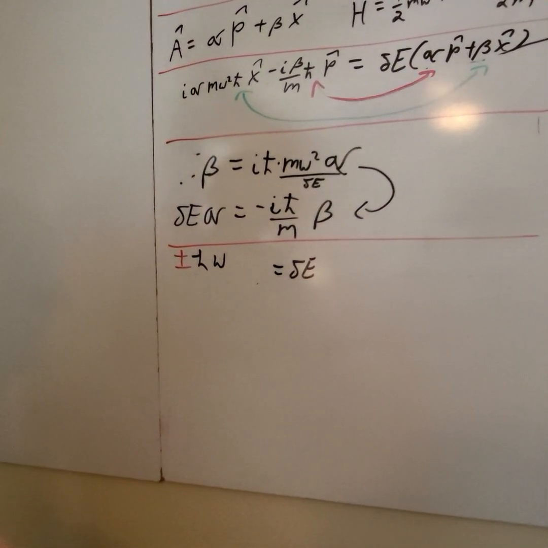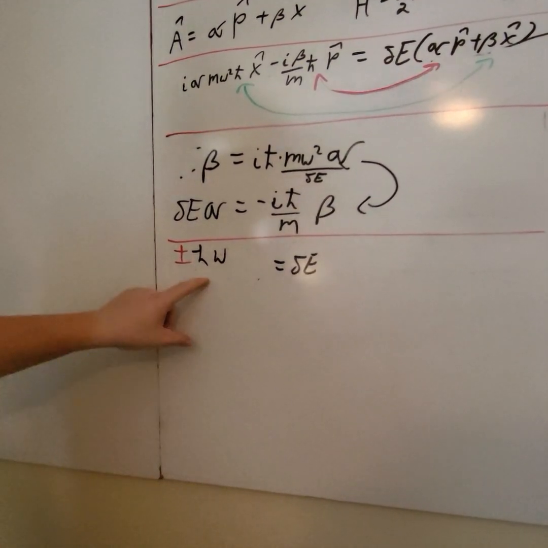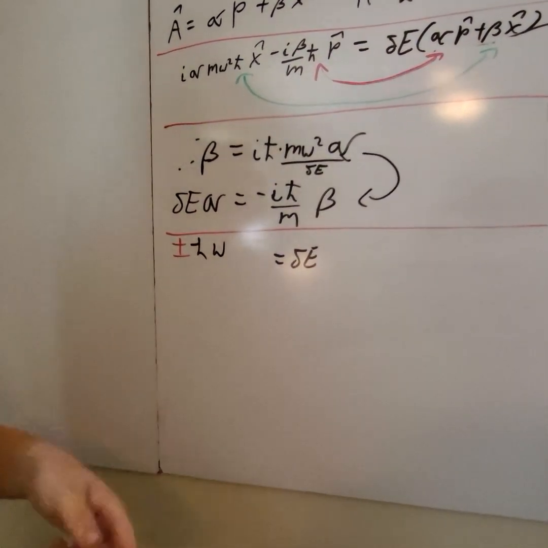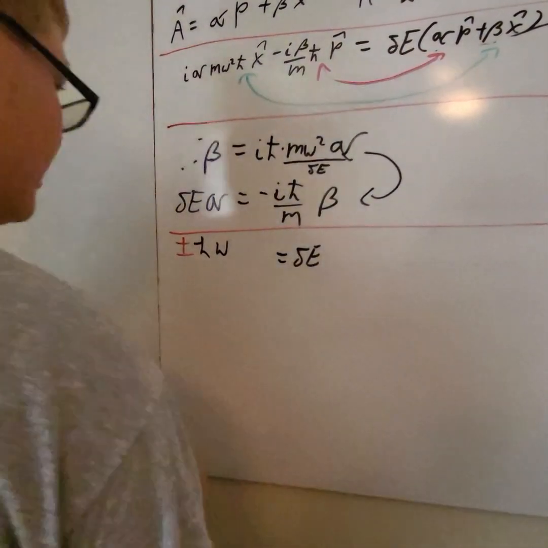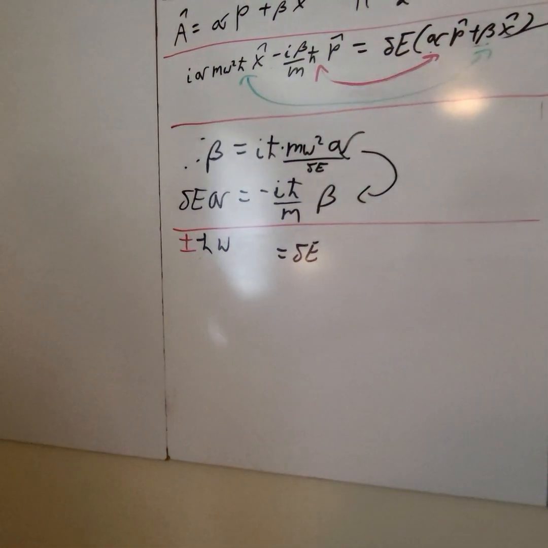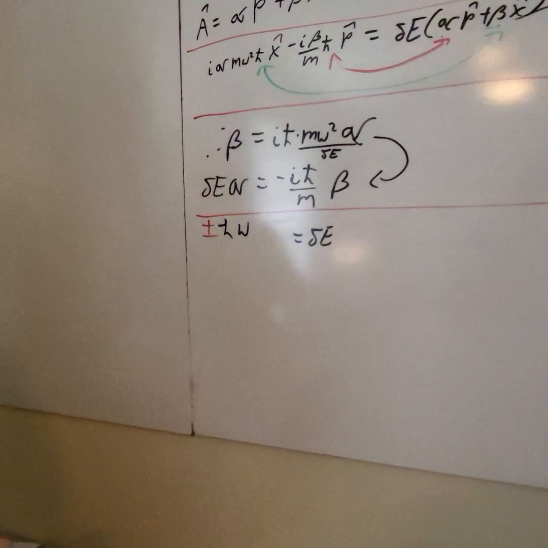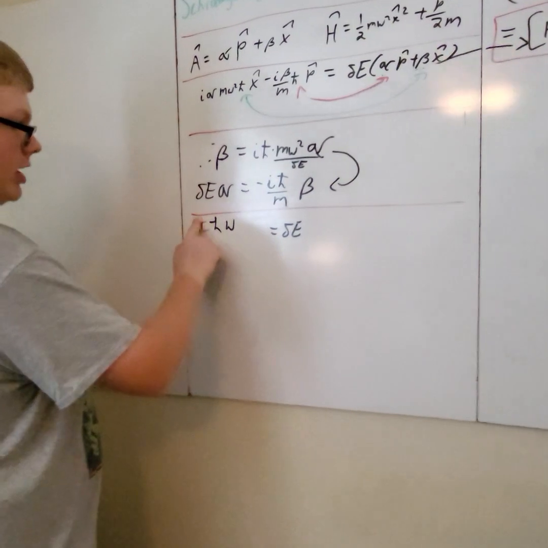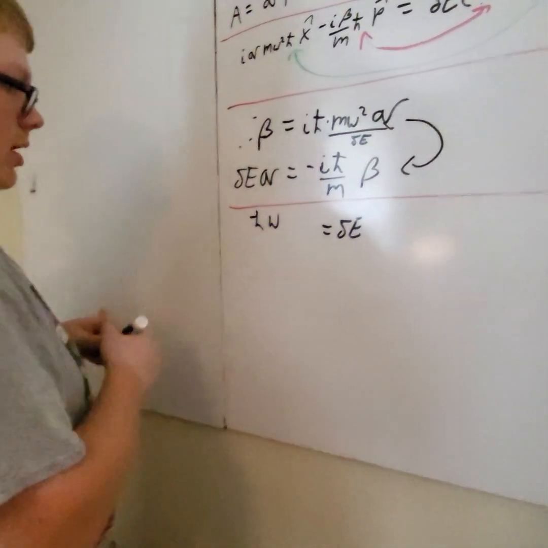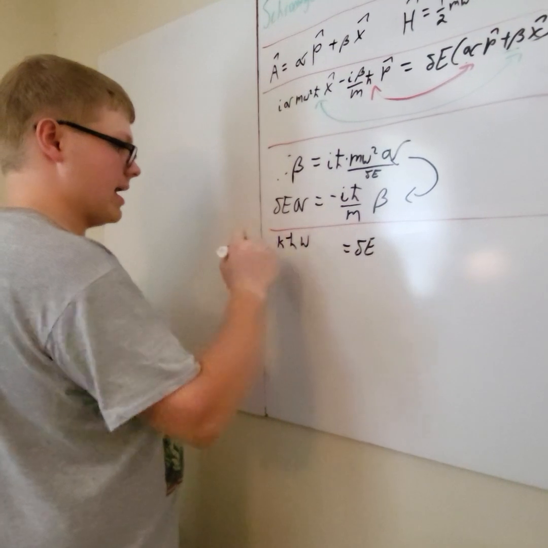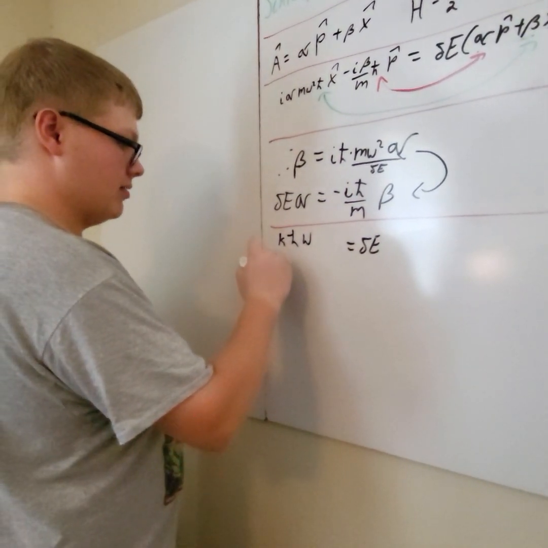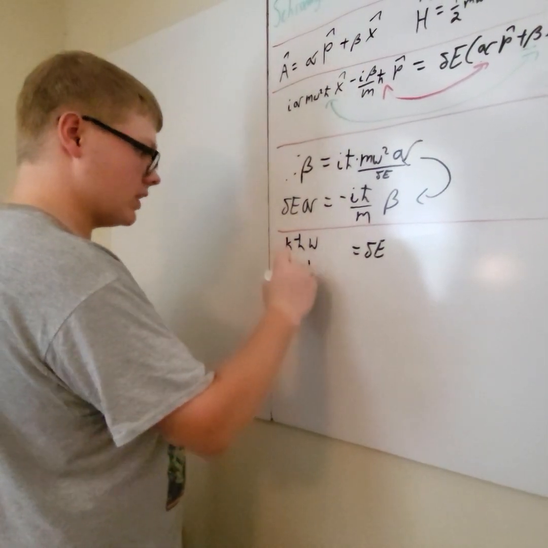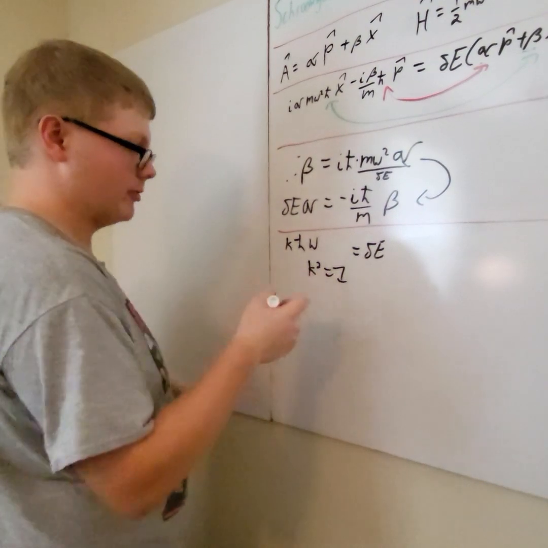When you jump from an eigenstate, you can either add one unit of h bar omega to your energy, or subtract one unit of h bar omega. Now I'm going to use a formalism where I replace the plus or minus sign with k. k is positive or negative 1, and k squared equals 1, because that's what's in common with both values.